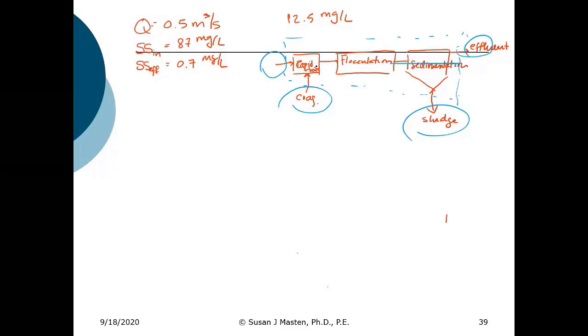Okay. The lines from the rapid mix to the flocculator, from the flocculator to the sedimentation basin, those arrows are all within my control volume. So when I'm actually doing a mass balance, I wouldn't even consider those.